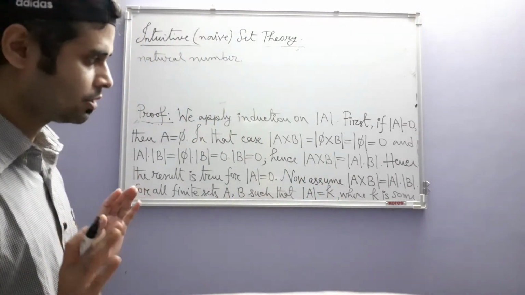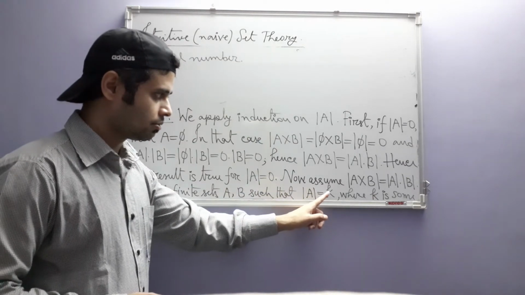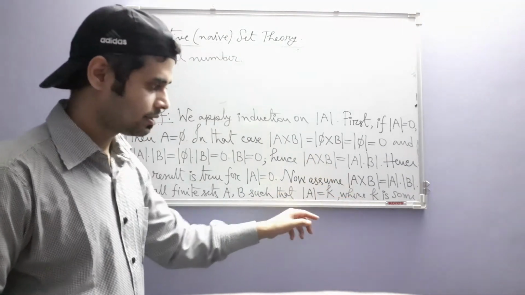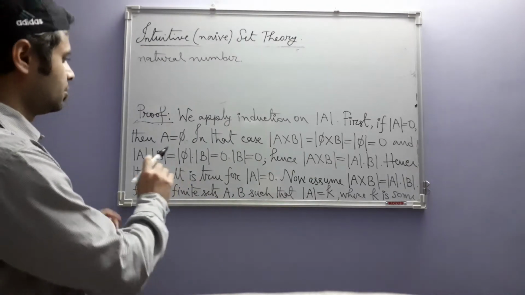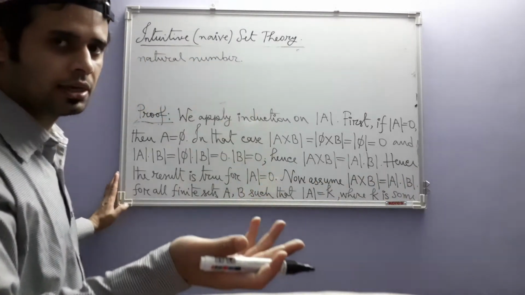This is our assumption. Now we have to prove a similar one where the first set has k plus 1 elements. Okay, so this is our induction hypothesis. Now we are going to perform the induction step.